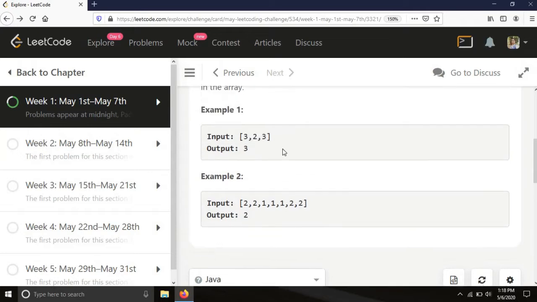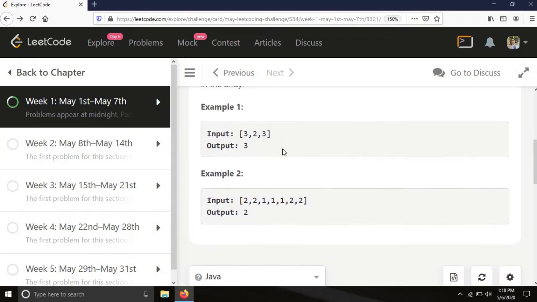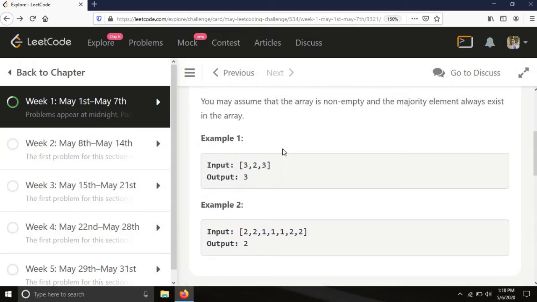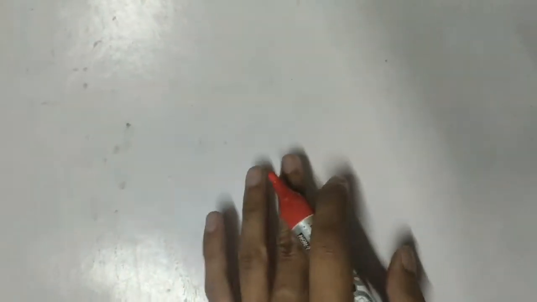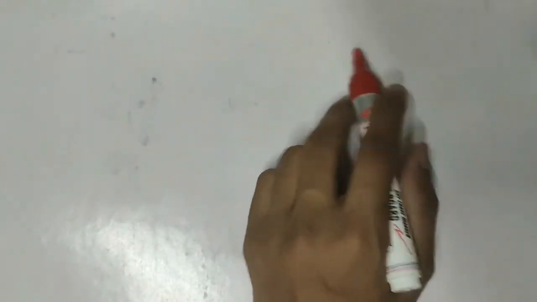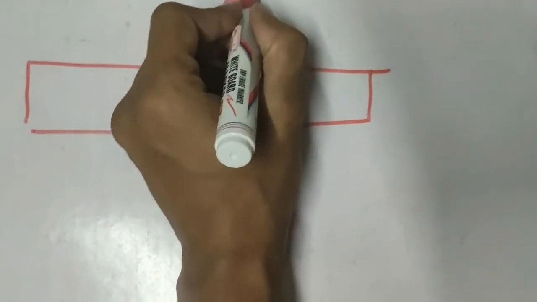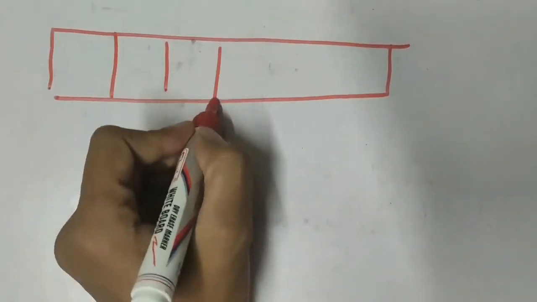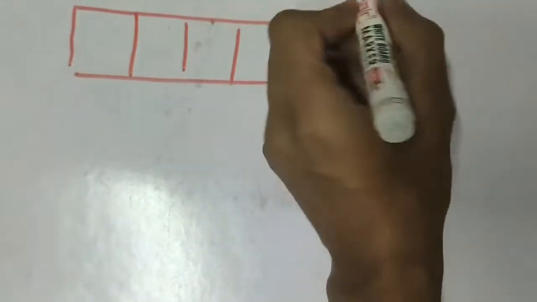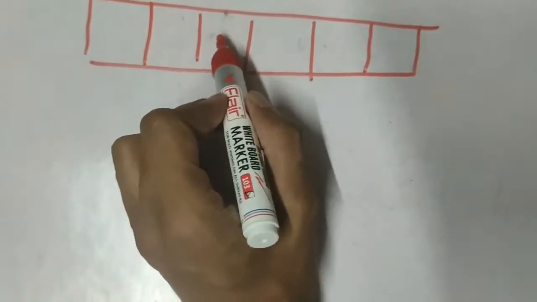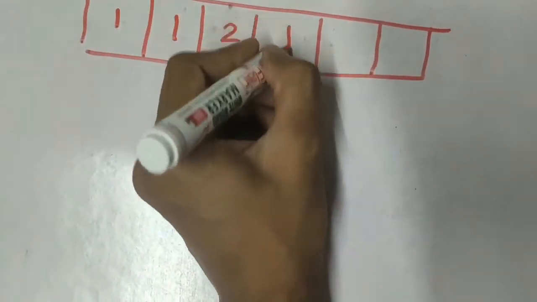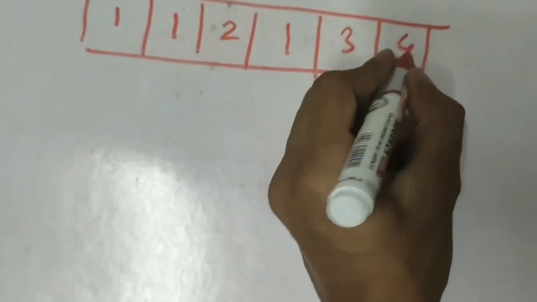So this is the basic overview. Now let's understand how we can solve this problem. The logic behind this is quite simple. Suppose we have an array of length n, where n is 6, and the elements are 1 1 2 1 3 4.